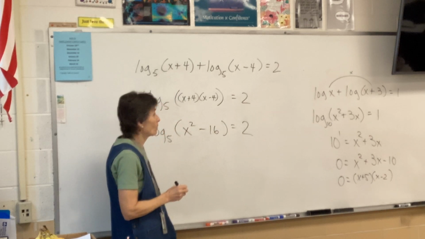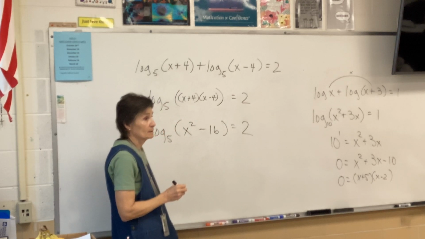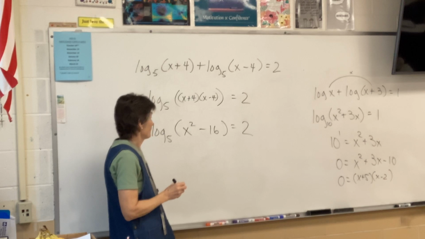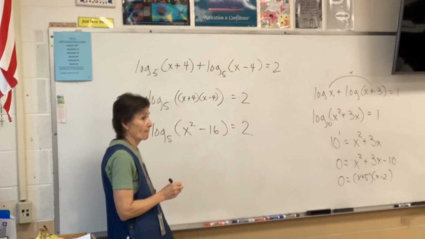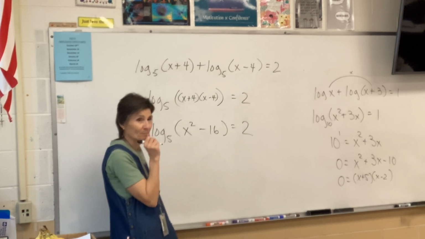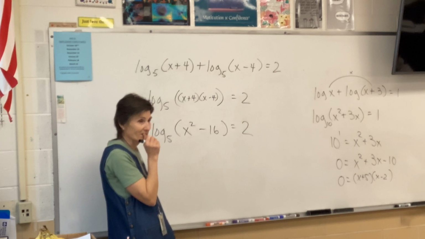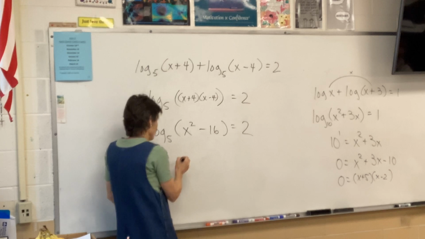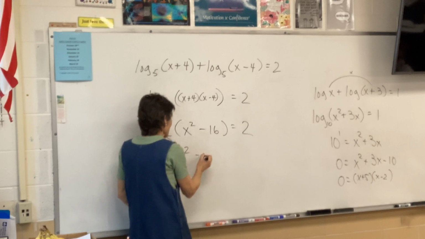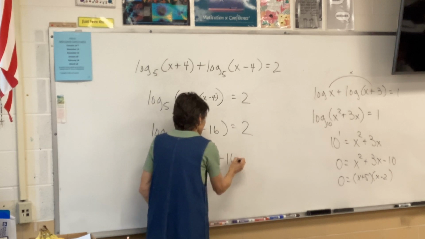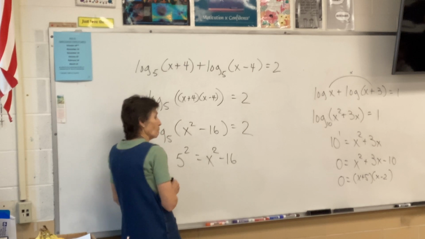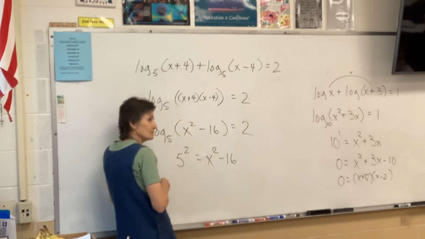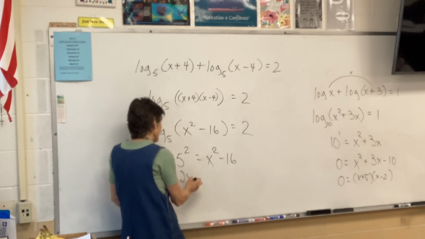Because you get minus 4x plus 4x. Now what? Loop-de-loop. So 5 to the second equals x squared minus 16. What's 5 to the second? 25.